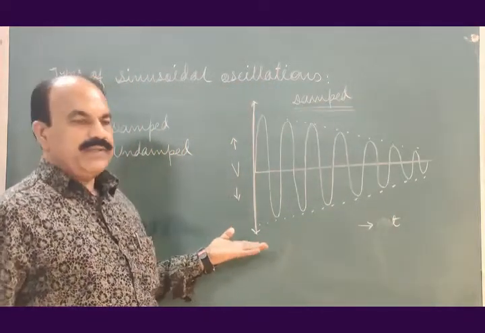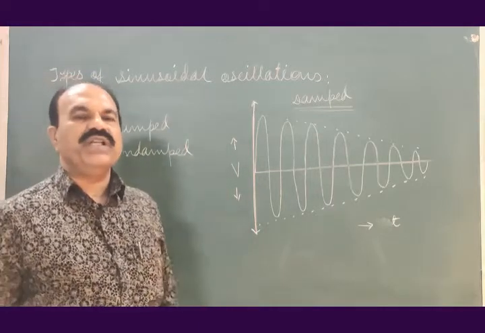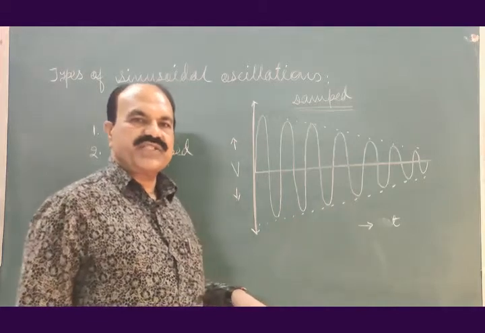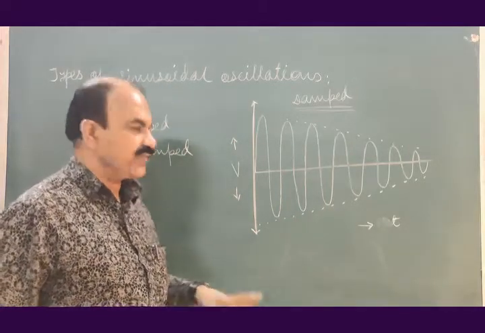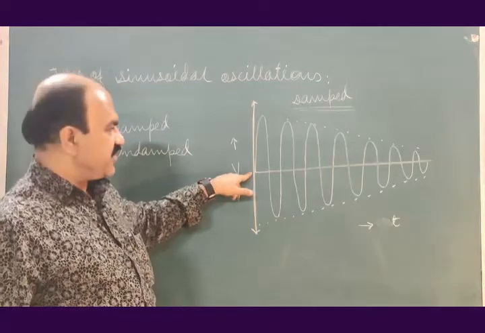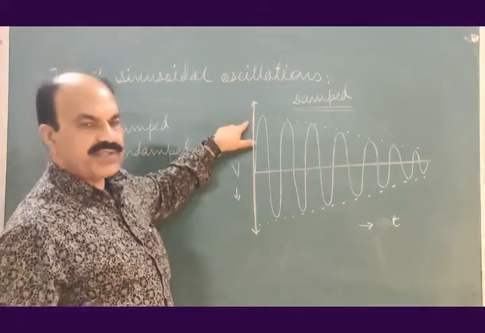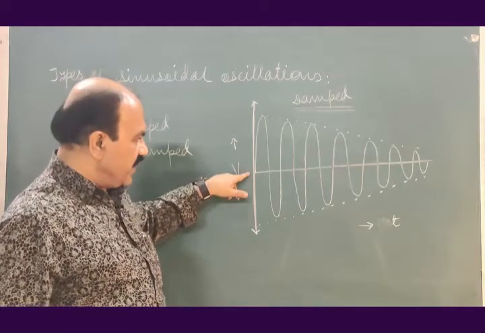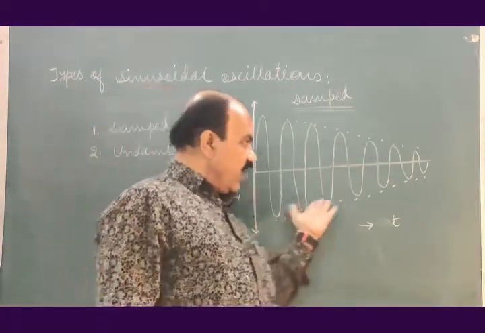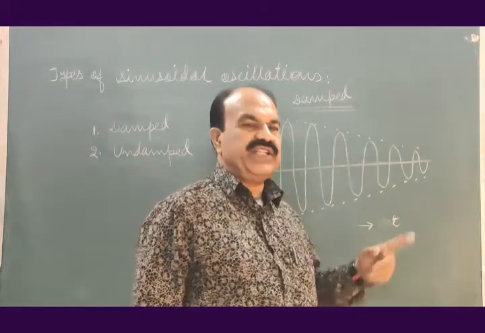In this figure, on y-axis, we have taken amplitude of the sinusoidal oscillations in terms of voltage. Voltage above x-axis is positive voltage, voltage below x-axis is negative voltage. And on x-axis, let us take the time t.